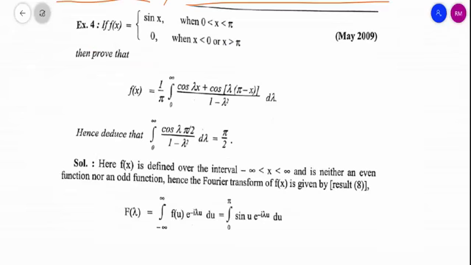Now friends, let us go for the next problem, that is example 4a. Here we are given a function described in two lines.